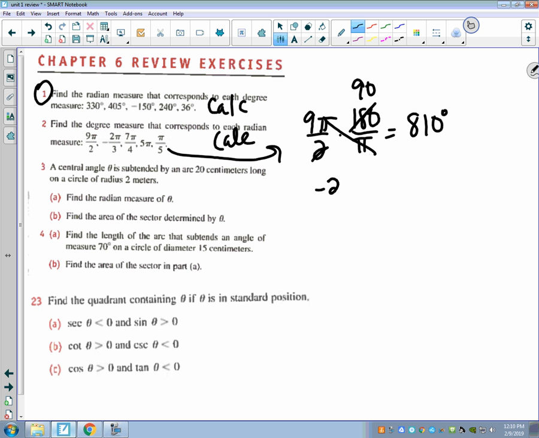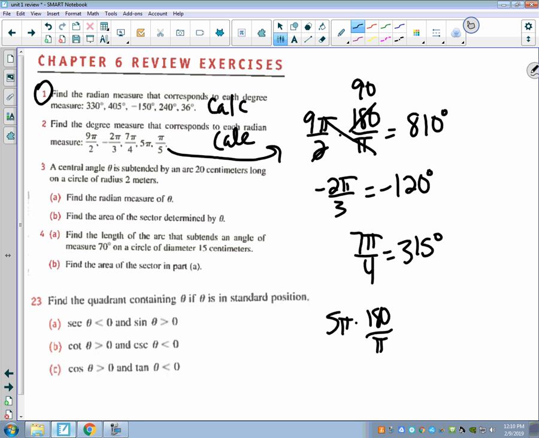Negative 2 pi over 3. Again, I'm just going to do what I know. 2 pi over 3 is 120, so this is just negative 120 degrees. 7 pi over 4, I don't need to do the conversion on that one either, because it's just 270 plus 45, which is 315 degrees. 5 pi, well, that one I'm just going to take times 180 because I don't know what 5 times 180 is. 900 degrees.